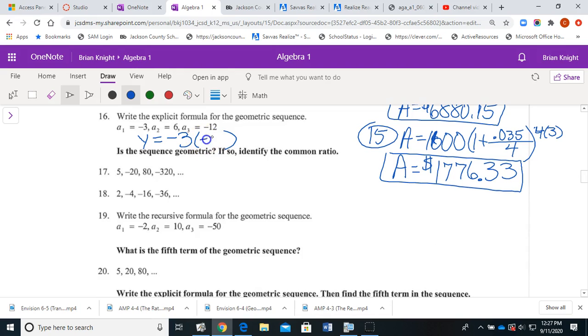Multiplying by -2, to the x minus 1 power. Now, they have a sub n equals negative 3 times negative 2 to the n minus 1 power. I'll take either one. They both mean the same thing. How did you get A?